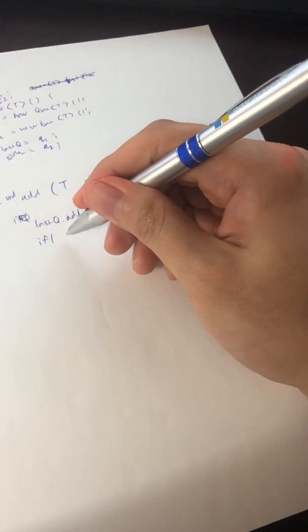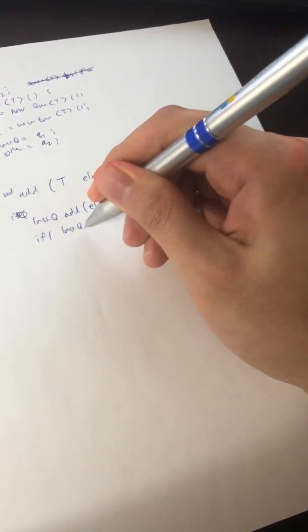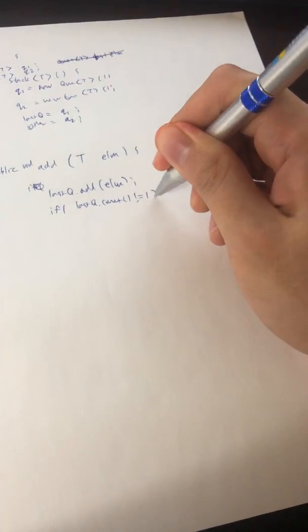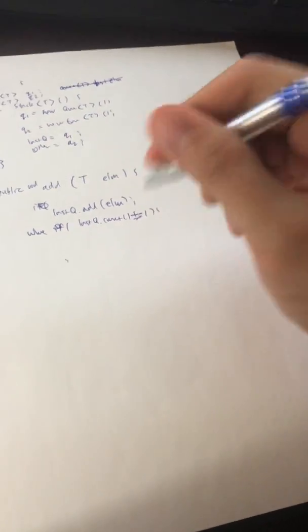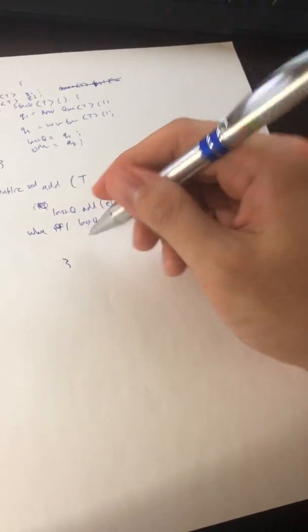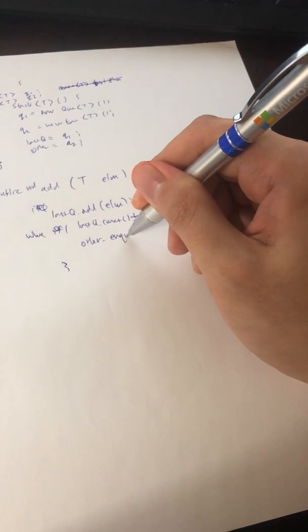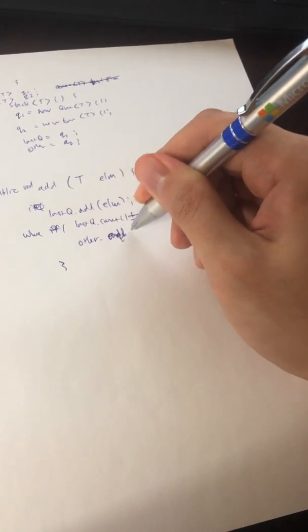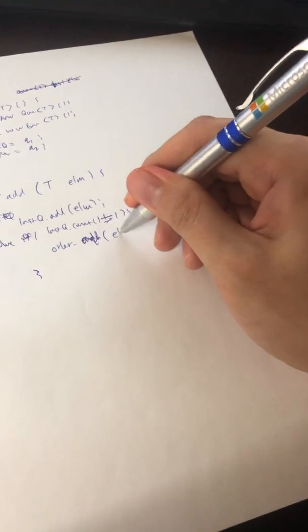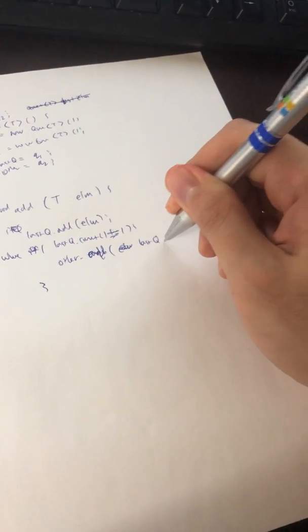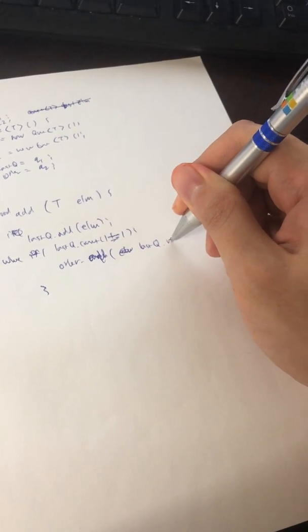If last queue dot count is not 1, so while that's not 1, other dot enqueue, or add, last queue dot remove.